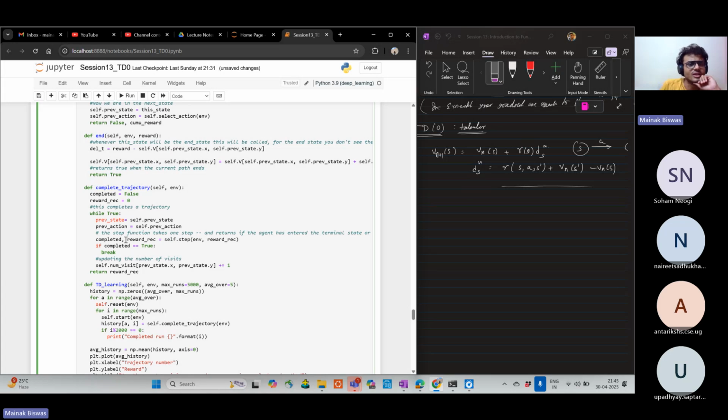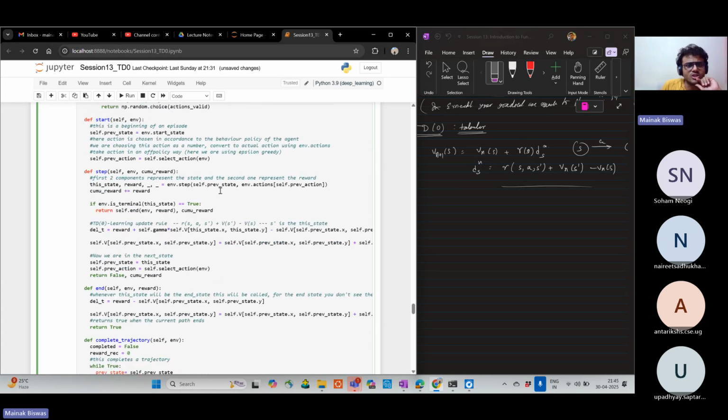Okay, so now let us see what the step function is. In the step function, you tell the environment that I'm going to take a step. You observe the next state and the reward. We'll come to what happens if it is a terminal state. But if it is not a terminal state, what do we do?